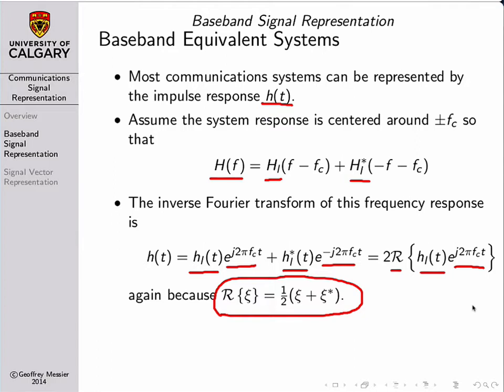We only approximate it in this sort of passband way because generally we're passing passband signals through these systems, so it's really only the response in a local neighborhood around the carrier frequency that we care about. We don't care about the response of the channel anywhere else because we're not sending a signal over those frequencies, and so we can approximate the response of that system as 0 over those frequencies.